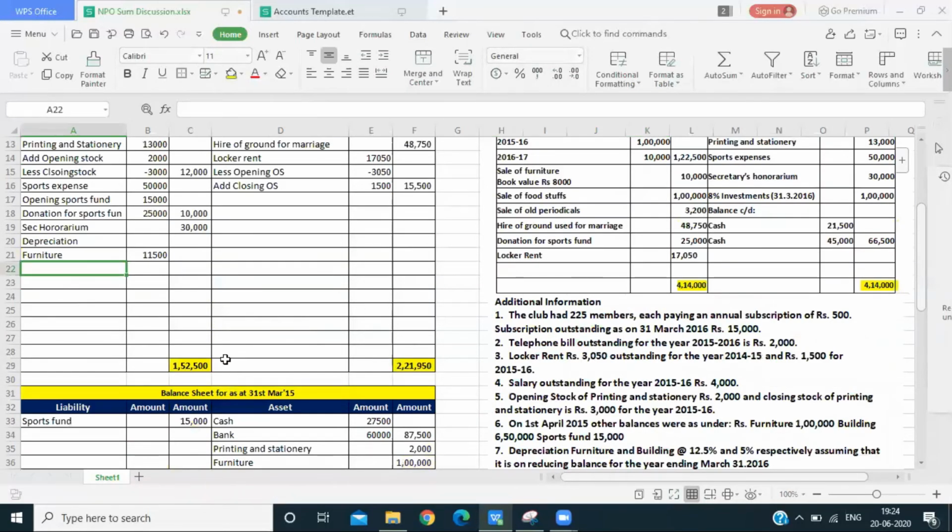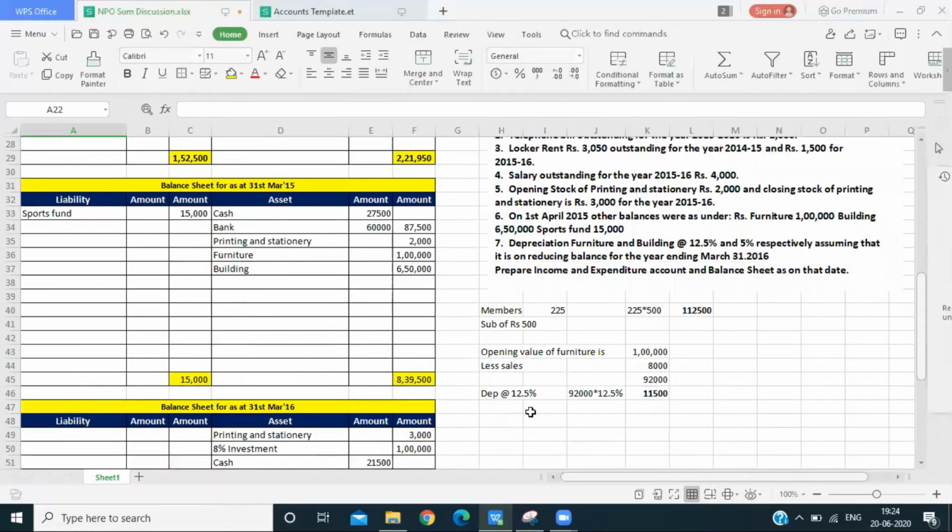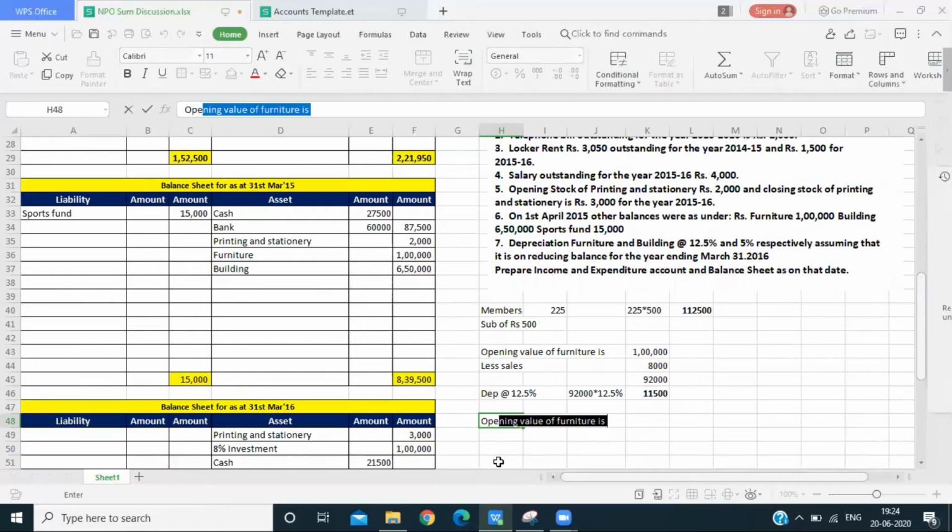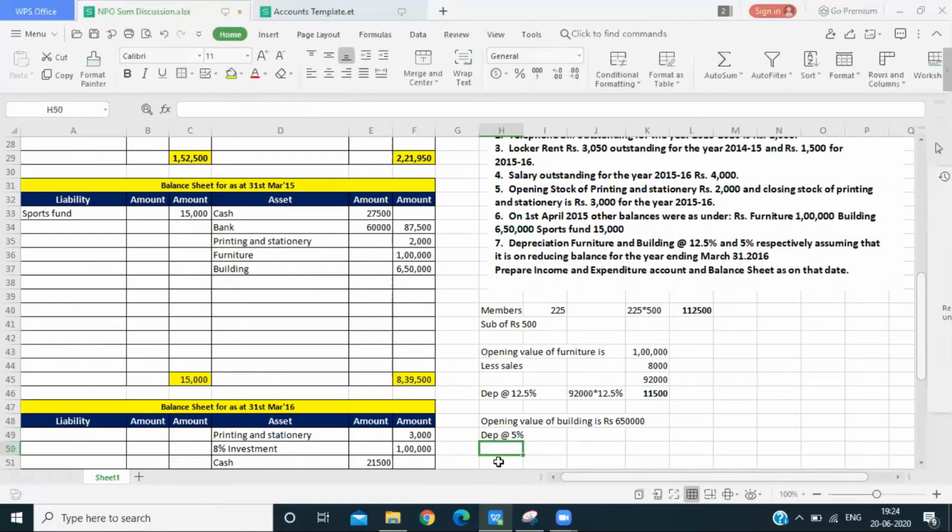And now we have to find the depreciation for building. So the opening value of building is rupees 6,50,000. So we have to find the depreciation at 5 percentage on 6,50,000. We should not calculate wrongly, like we should not consider this 12.5 percentage for depreciation.